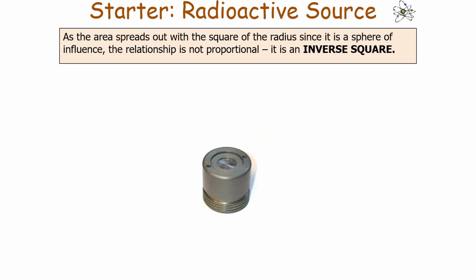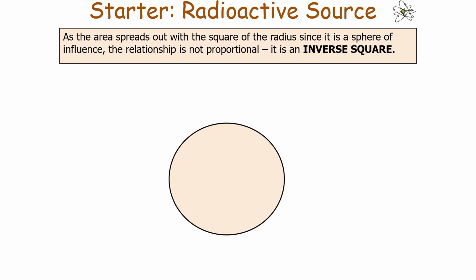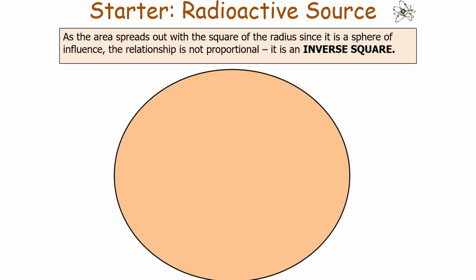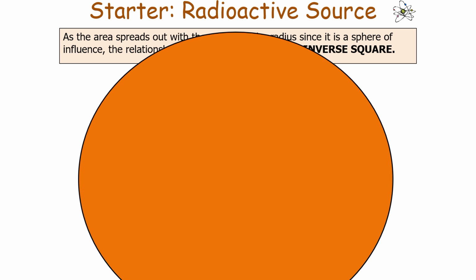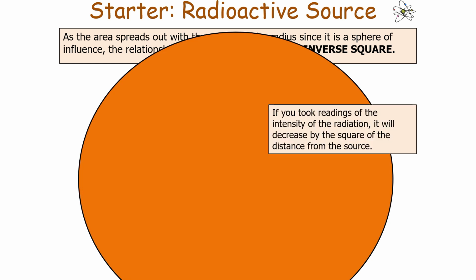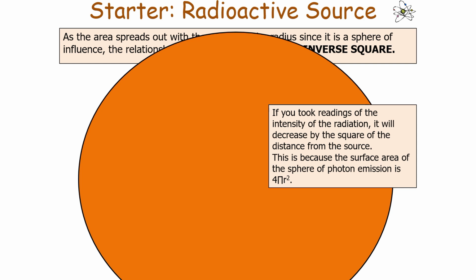A gamma source will emit photons in every single direction, so it will form a sphere of photons around it, and the further away you get from the source, the larger the sphere becomes, so the photons can spread out more. If you took readings of the intensity of the radiation, it would decrease with the square of the distance from the source. That's because the surface area of the sphere of photon emission is 4πr², so the intensity goes down by a factor of r squared.